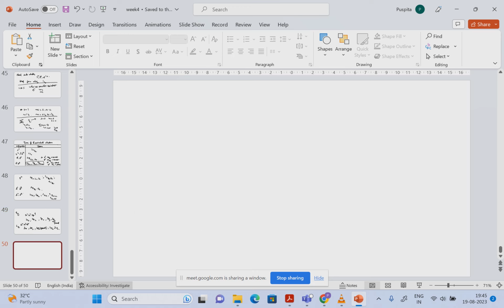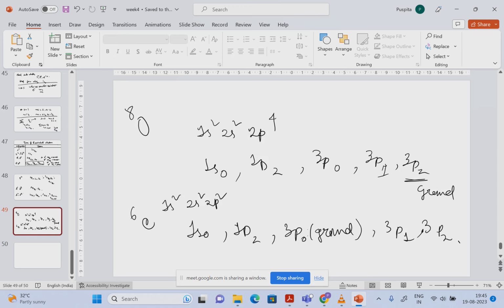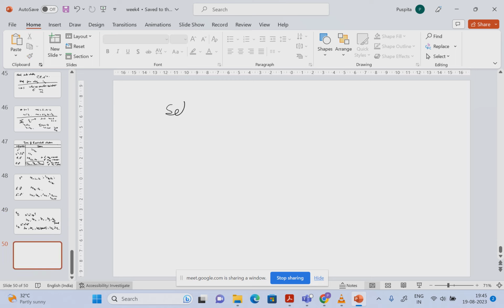Okay. So the selection rules are basically delta L is equal to 0, delta S is equal to 0, and delta L can be plus or minus 1 also.